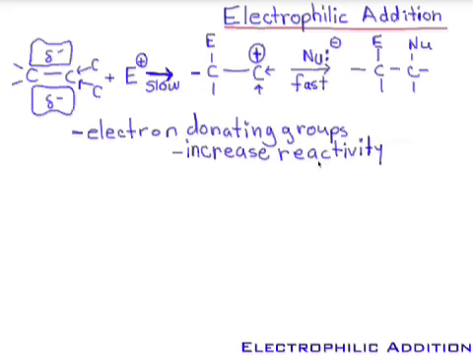Okay, electron donating groups increase reactivity. This is simply because inductive electron donation stabilizes the carbocation and so it forms faster.